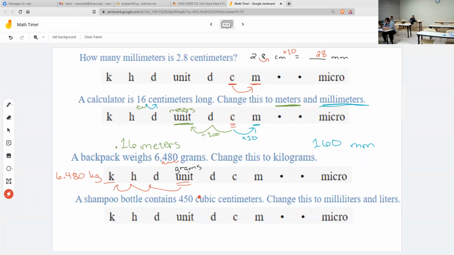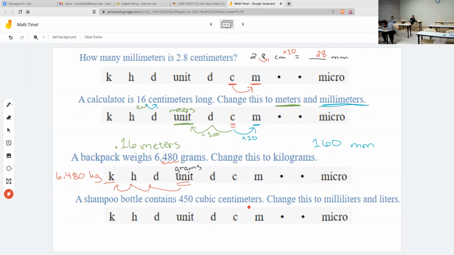A shampoo bottle contains 450 cubic centimeters. Change this to milliliters and liters. It's trying to trick you. Remember the cubic centimeter from our history lecture. Which volume thing was this equivalent to?